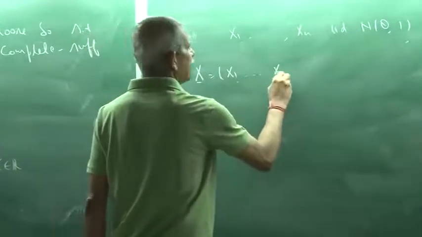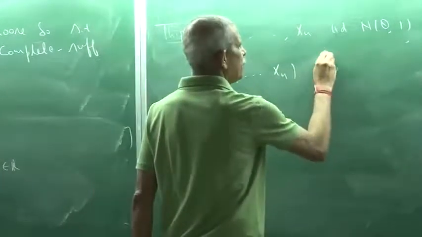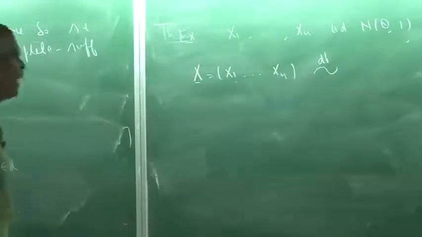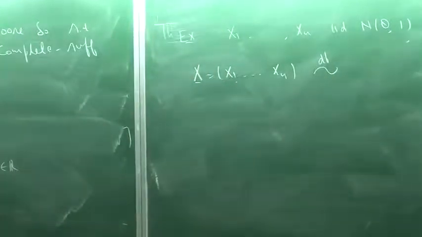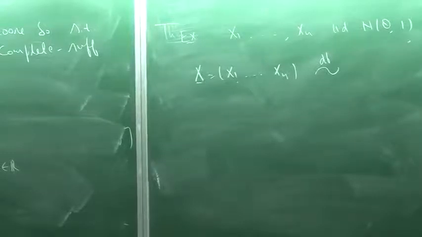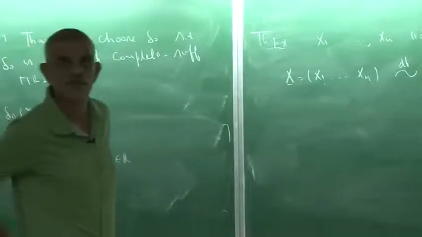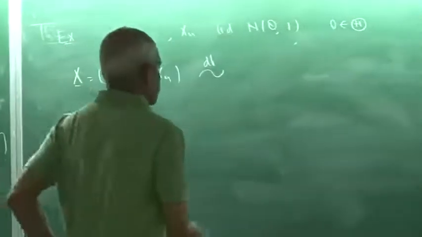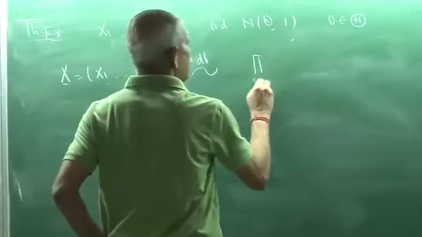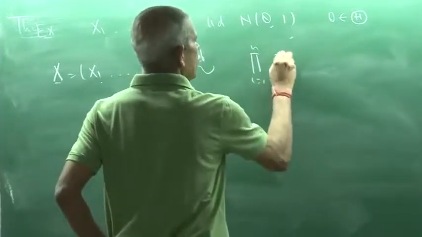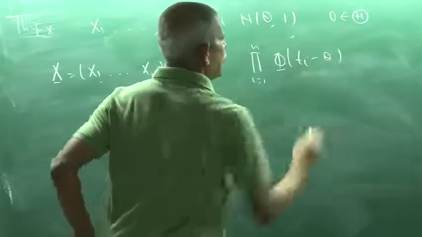So X1, X2, ..., Xn has distribution function. The probability that X1 is less than or equal to t, ..., Xn is less than or equal to t, they all are independent. So that is the same as the product, i equals 1 to n, of the probability that Xi is less than or equal to t. And the probability that Xi is less than or equal to t is nothing but phi of ti minus theta. So this is the same as the product, i equals 1 to n, of phi of ti minus theta.